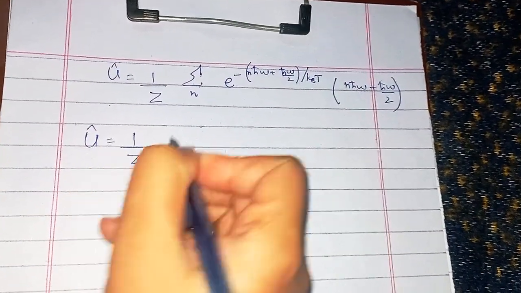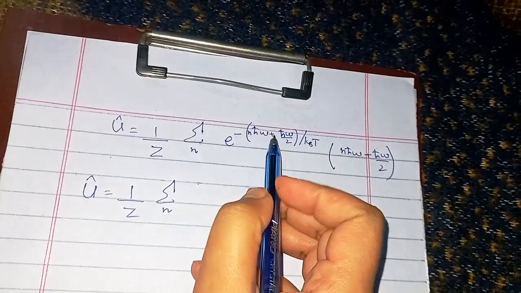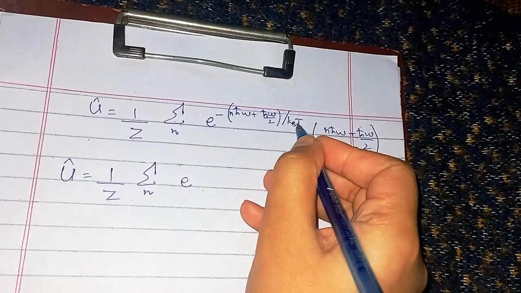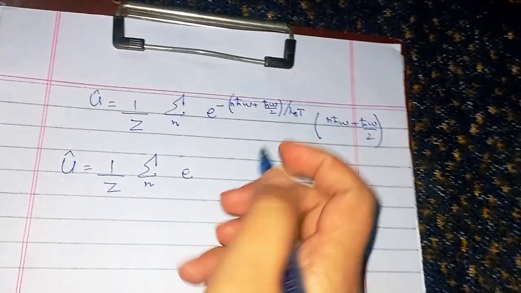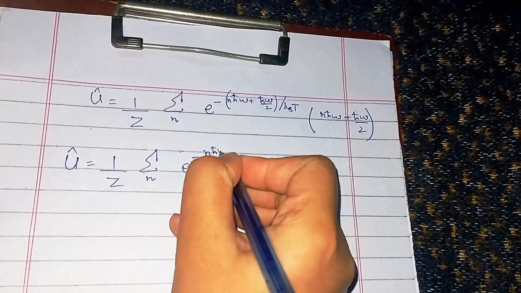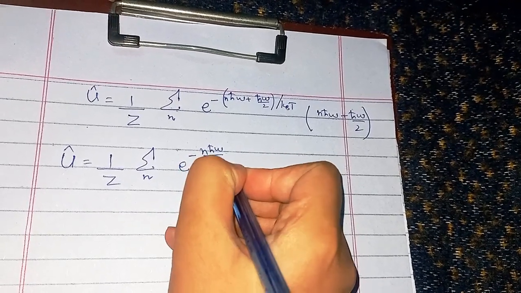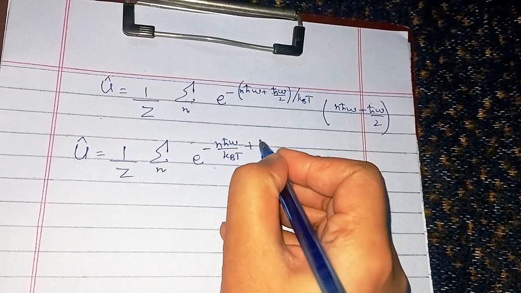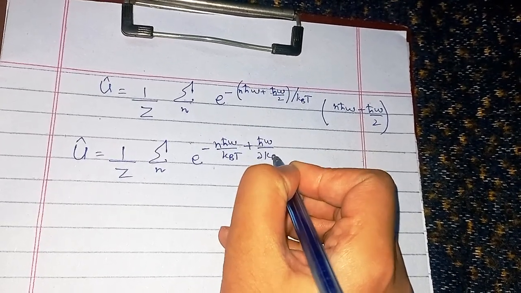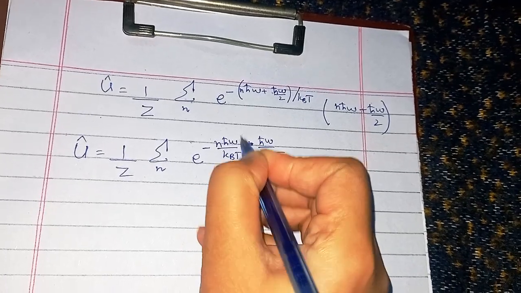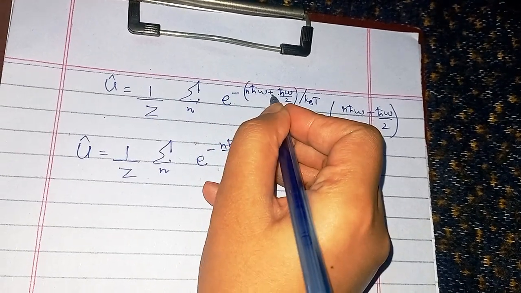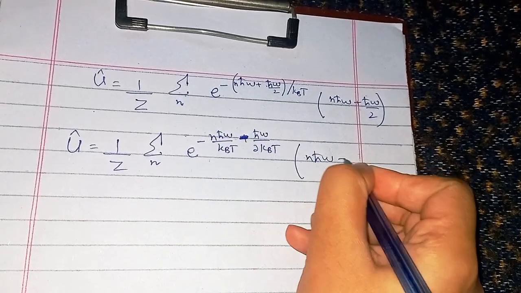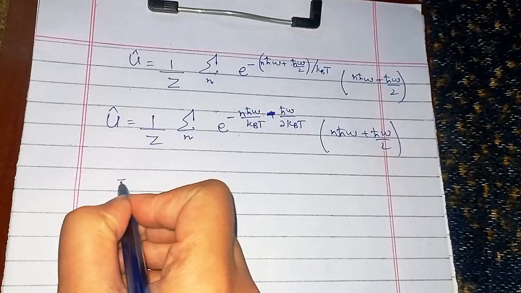We can see that we have kBT divided by this whole term, so we can separate kBT on both of these values. It's just like multiplying it inside the bracket, so we write h cut omega by 2 kBT. There will be a negative sign because it multiplies with both values, and n h cut omega plus h cut omega by 2, with 1 over z.